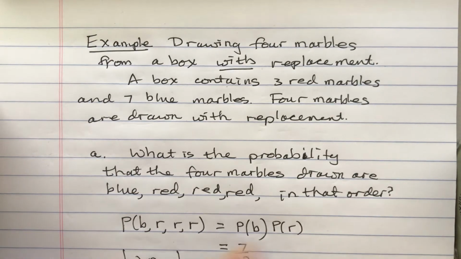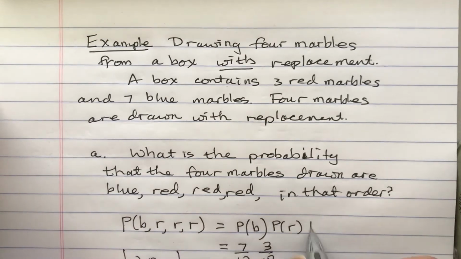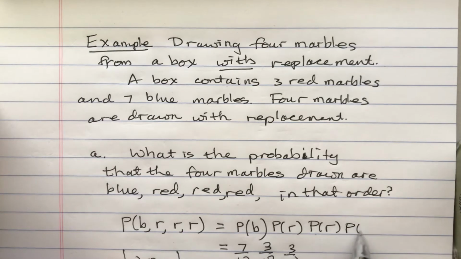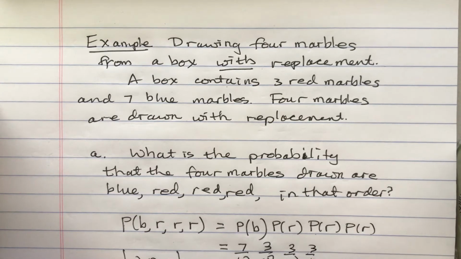Well, the box looks the same, so it's 3 out of 10. So 3/10 of the 7/10 will get a blue and then a red. And the box doesn't change. Then you put the red back in, and to get another red, it's 3 out of 10. And to get another red, it's 3 out of 10.